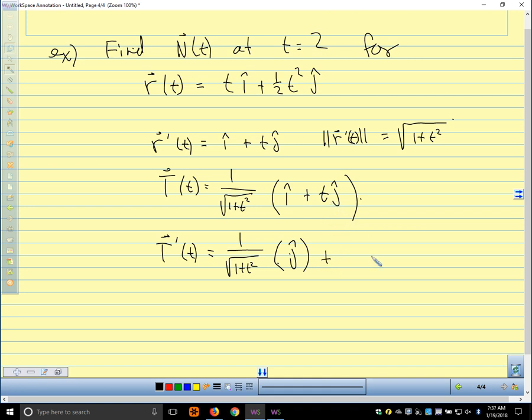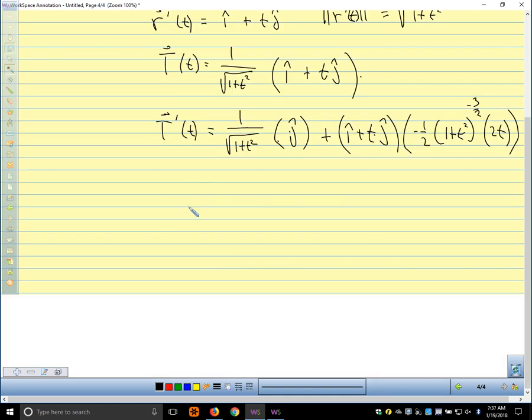Plus the second, so I'm going to do i hat plus t j hat, times the derivative of this thing: minus 1/2 times 1 plus t squared to the negative 3/2 times 2t. So I get 1 over the square root of 1 plus t squared j hat.